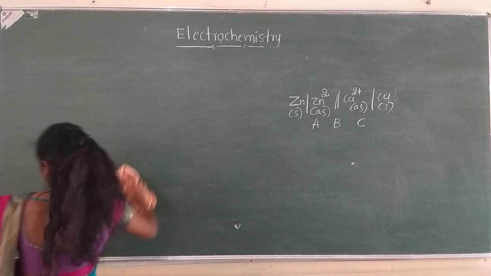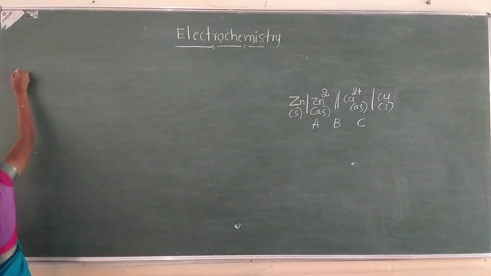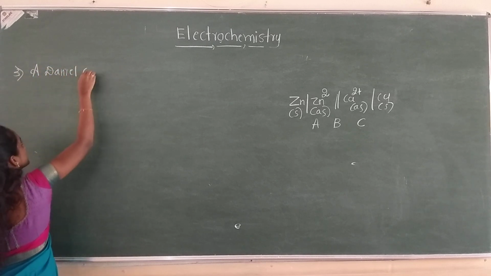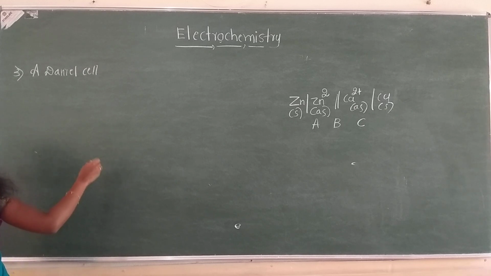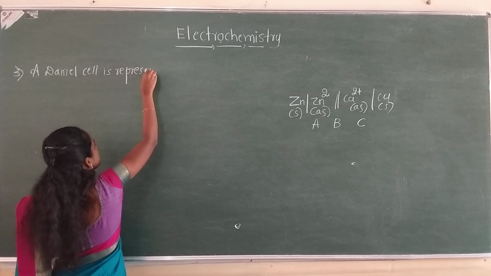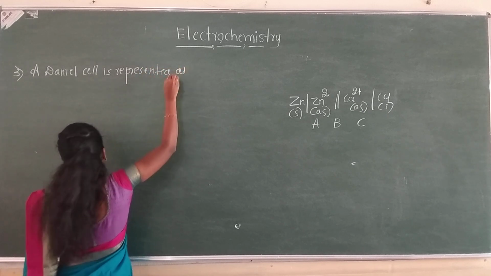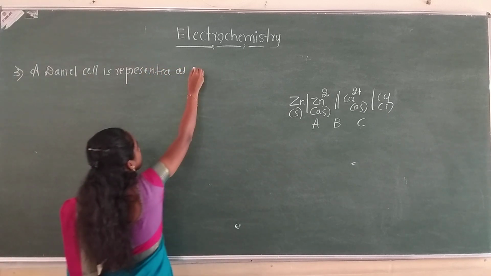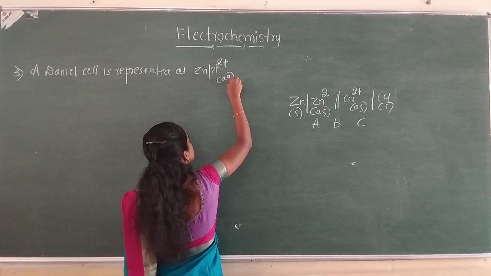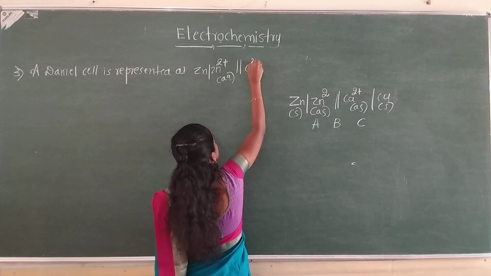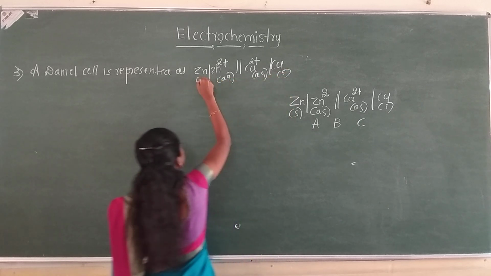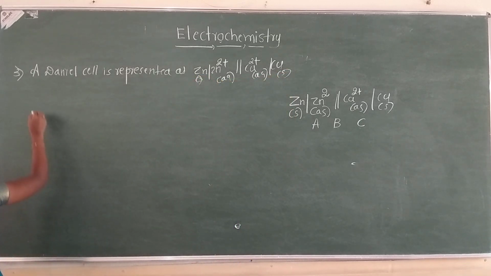Now, one more homework problem for you. A Daniell cell is represented as Zn, and so on.